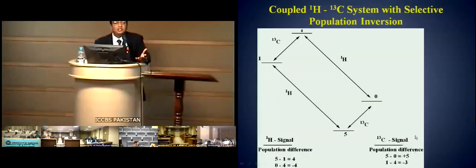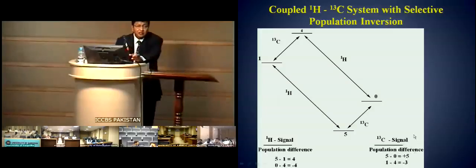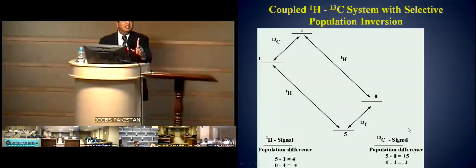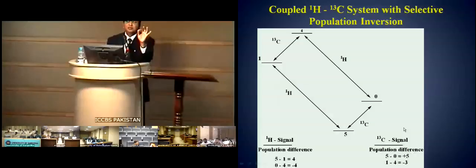So this is the technique called polarization transfer, and by using it, you have seen by yourselves that you can increase the intensity of the carbon signal, which was 1:1 and is now plus 5 minus 3. Remember, plus 5 minus 3 means 1:1 also.